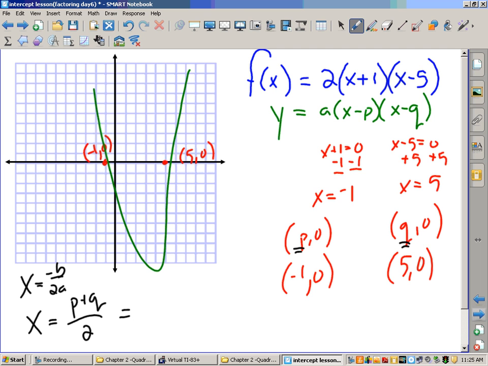So always when you're done, look and see if it actually looks like it's in between there. Here I have -1 plus 5 divided by 2, is 4 divided by 2, is 2. So I have 2.